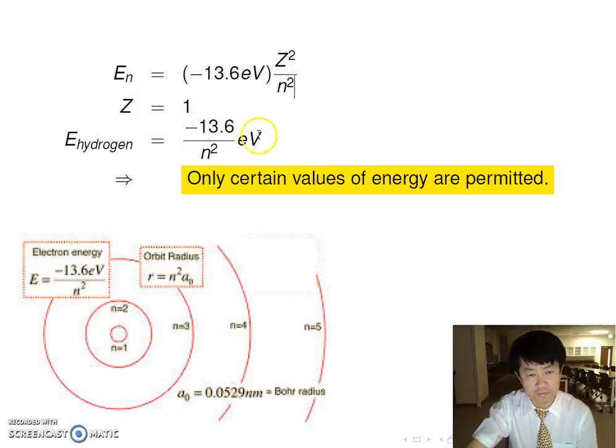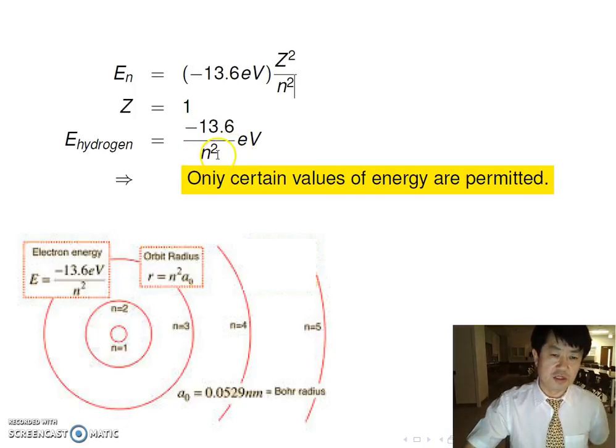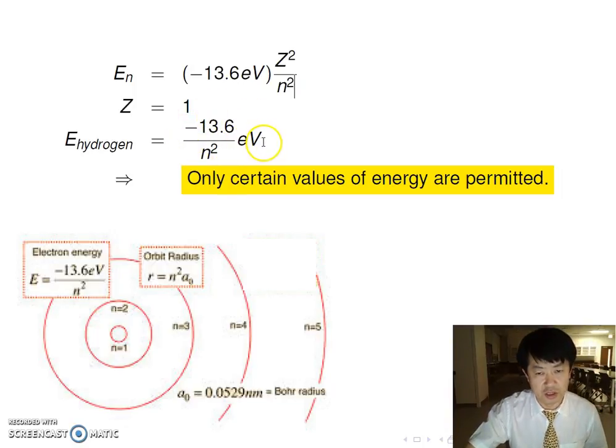That means as n is a natural number, which cannot be any decimal value, the energy of the electron in orbital motion is quantized, which means only certain values of energies are permitted for an electron orbiting around the nucleus.